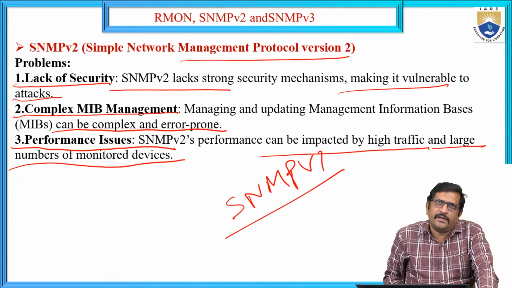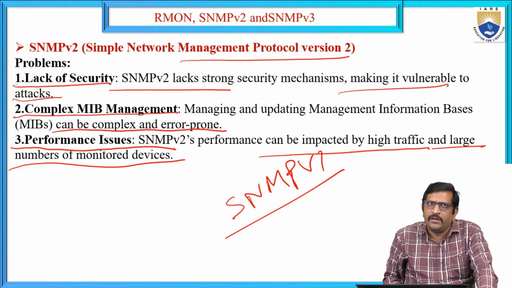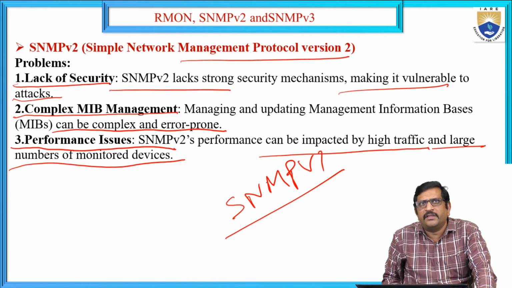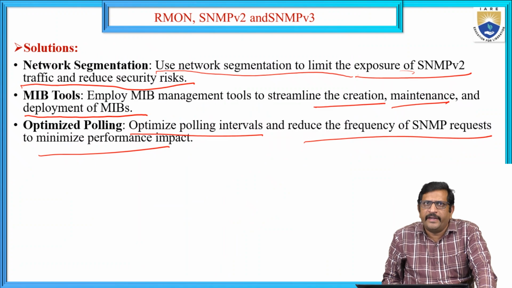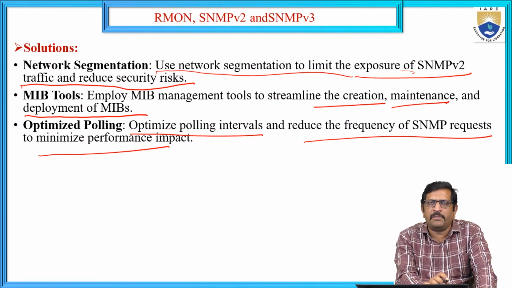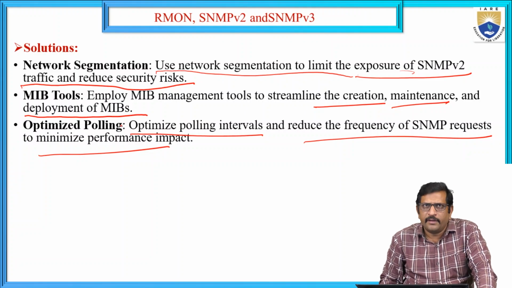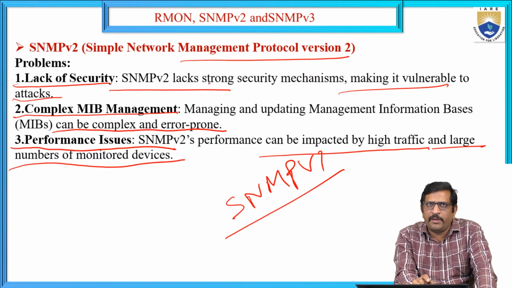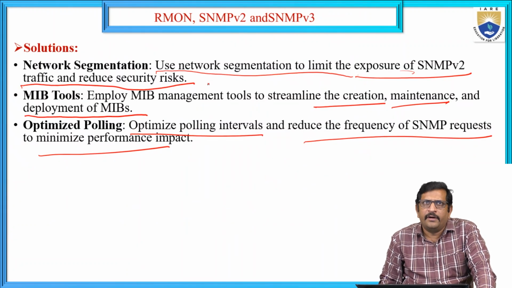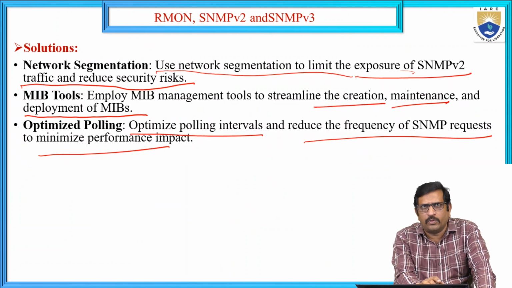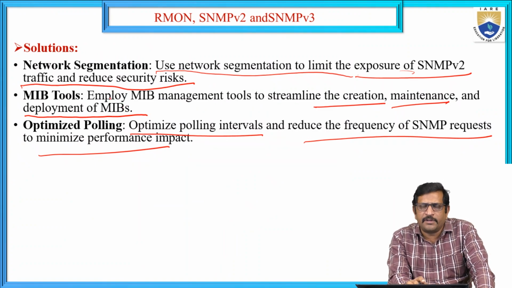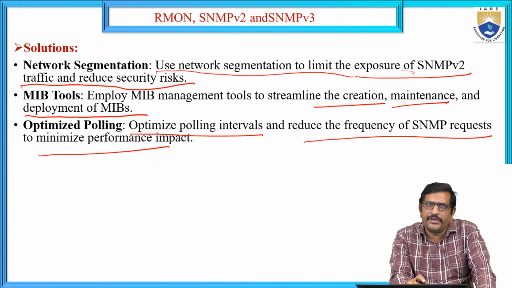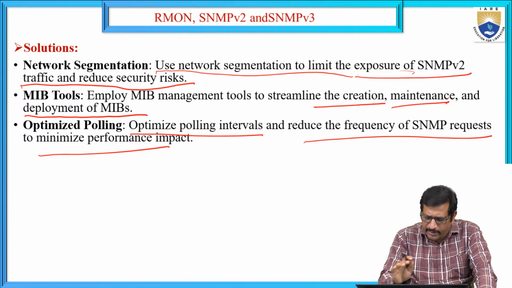So these are the problems: lack of security, complex MIB management, and performance issues. Performance issues can be resolved by optimizing the polling, complex MIB management can be resolved with MIB tools, and network segmentation resolves security issues over the network.